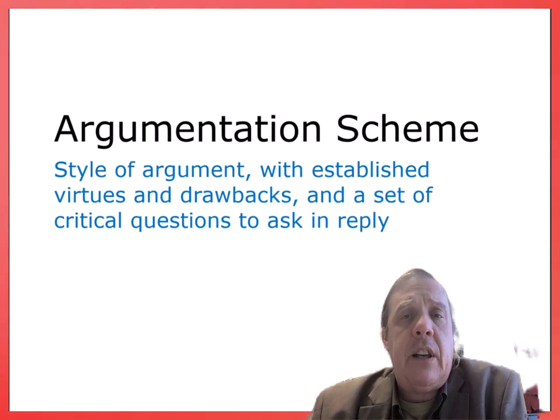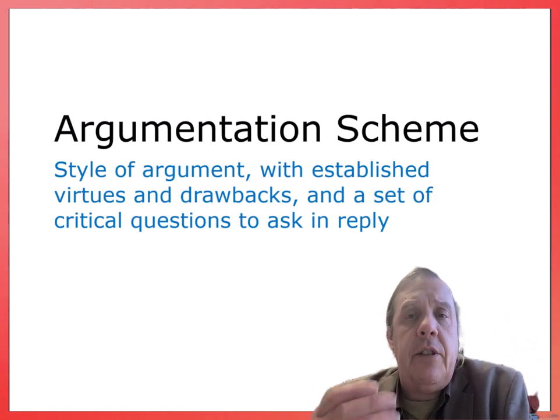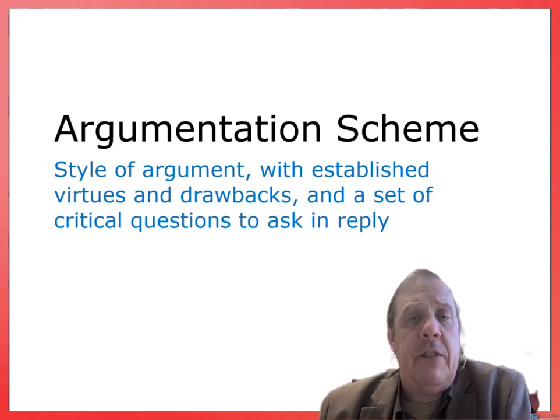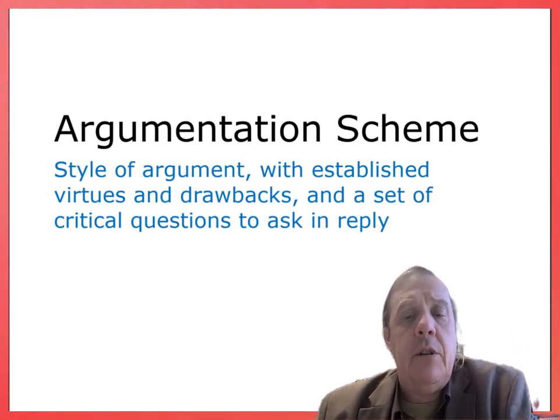And then there's a specific kind of standard form you use for specific kinds of arguments. Similarly, there are questions you can ask of any argument, and then there are specific questions that you ask given a particular style of argument, or argumentation scheme.